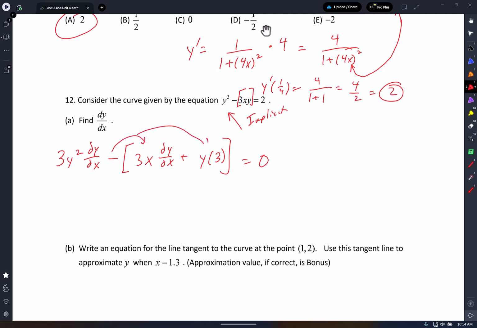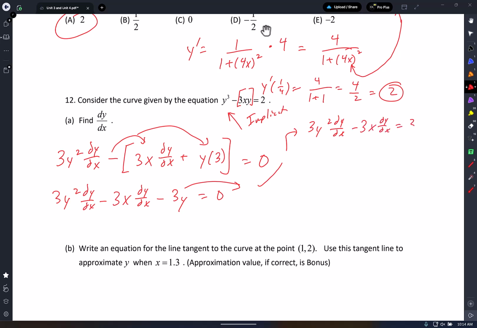Distribute. So I have 3y squared dy dx minus 3x dy dx minus 3y, first times the derivative of the second plus second times the derivative of the first, equals 0. I'm going to move the 3y to the right. So I have 3y squared dy dx minus 3x dy dx equals 3y.